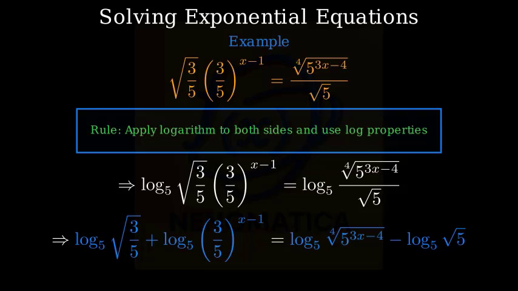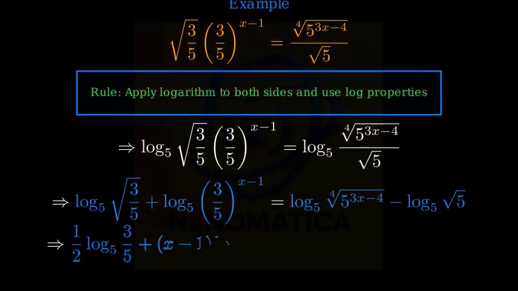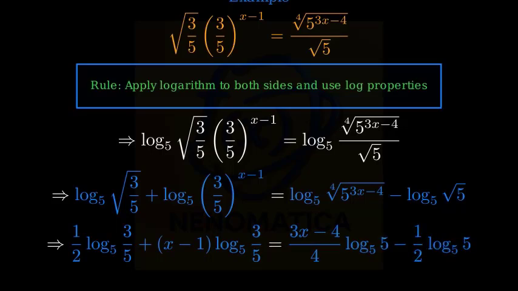Now we'll apply more logarithm properties. The logarithm of a number raised to a power equals the power times the logarithm of the number. So log base 5 of the square root of 3/5 equals 1/2 times log base 5 of 3/5, and log base 5 of (3/5) raised to the power of x minus 1 equals (x minus 1) times log base 5 of 3/5.